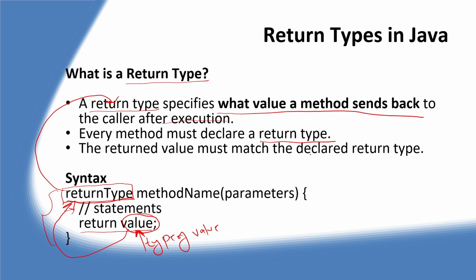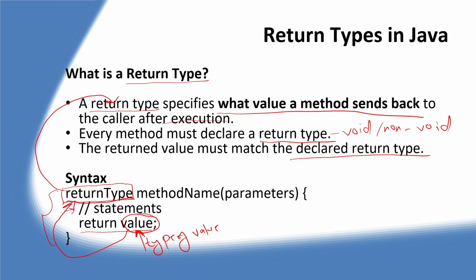It can be void or non-void. We'll see an example, we'll have better clarity, no worries. And the third point is the returned value must match the declared return type. Just now we have seen this value should match the return type which is declared in the method definition just before the method name.